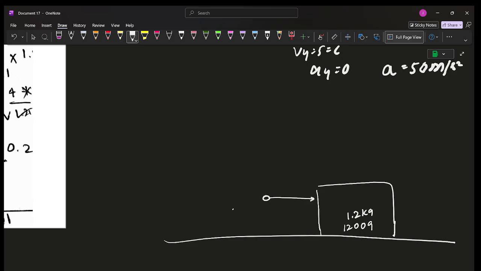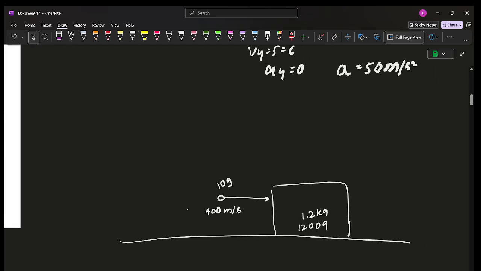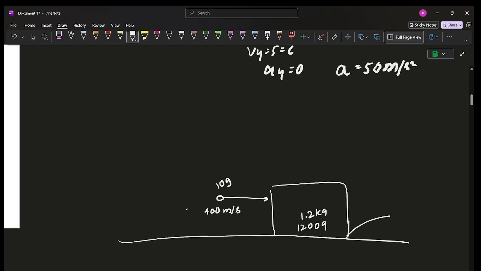We have a bullet that strikes it. The bullet is 10 gram, and it's going with 400 meter per second. And this is 0.25.